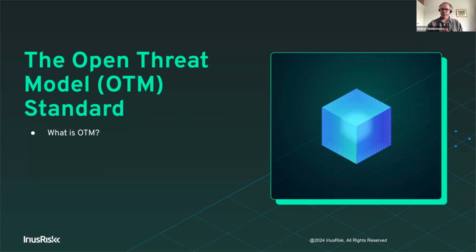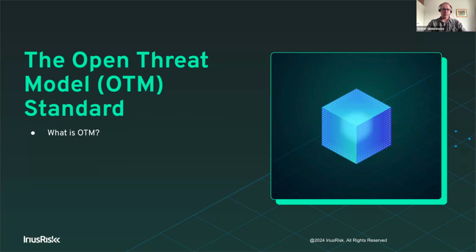So this isn't Irius Risk specific. You could take it and import it into a different tool. We have seen other tools that are leveraging the OTM in order to exchange information across organizations and within an organization.